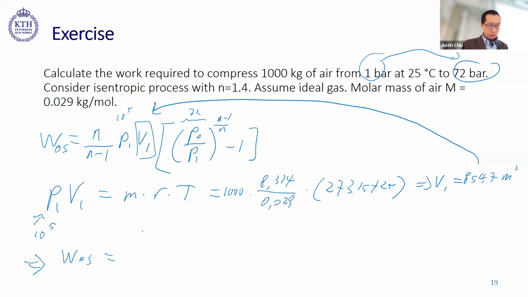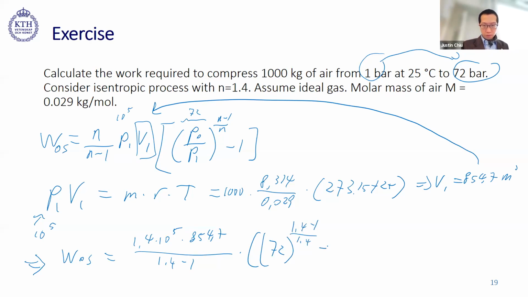I can write everything down, so we are sure we have everything. 854.7 divided by 1.4 minus 1, times the ratio 72 to the power of 1.4 minus 1 over 1.4, minus 1, right? And this would give you roughly 7.16 times 10 to the power of 8 joule.